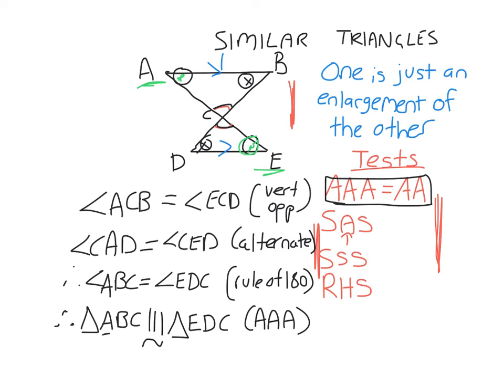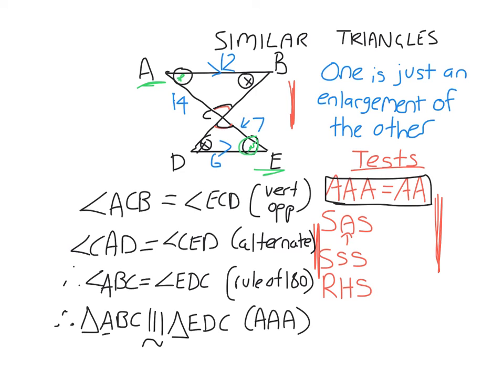So let's say this side was 12 and this side here was 6. Then the scale factor is 2. If I told you that this side here was 14, this side here would be 14 divided by 2, which is 7, because this side and this side correspond to each other.